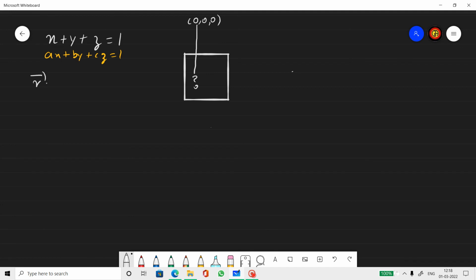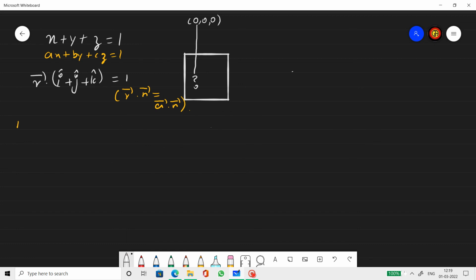So r vector dot (i plus j plus k cap) equals 1, which is in the form of r vector dot n vector equals a vector dot n vector. Now we need the foot of the perpendicular, so we need to find the point where the perpendicular meets the plane.